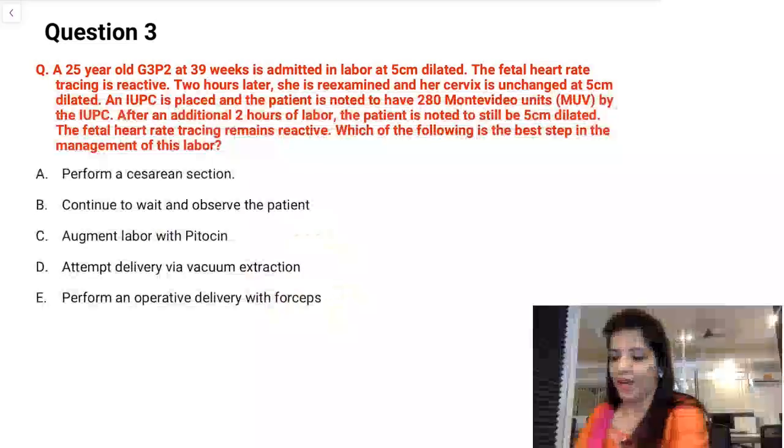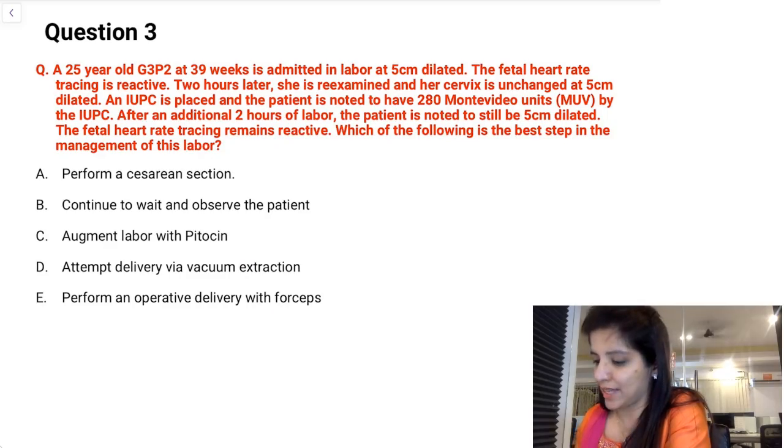Clear? Now, there was one question where you were getting a little confused. Here, the question was saying that the patient has come to you at 5 centimeters dilatation. The cervix has remained unchanged 2 hours later.